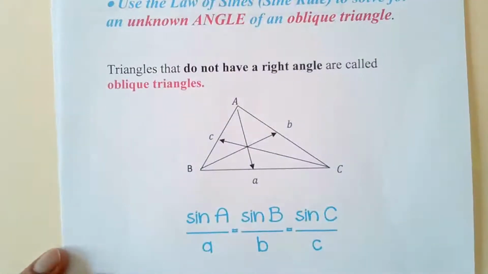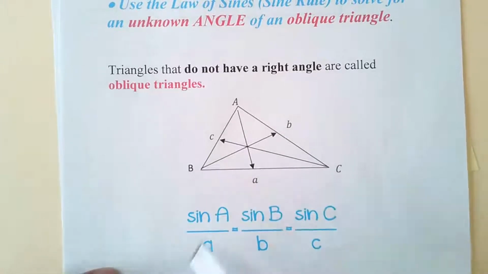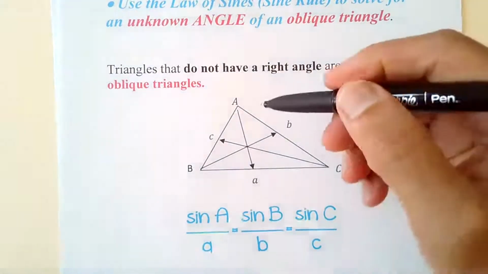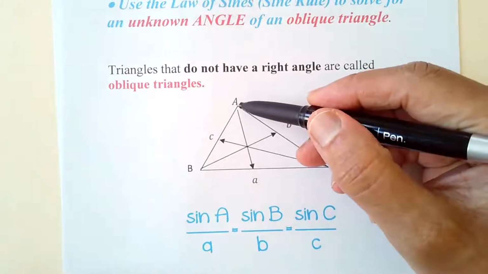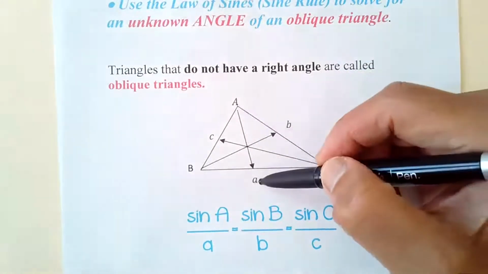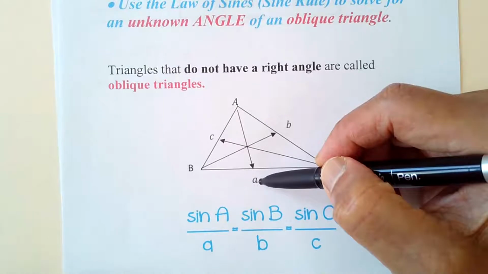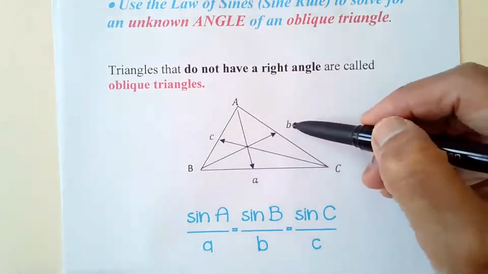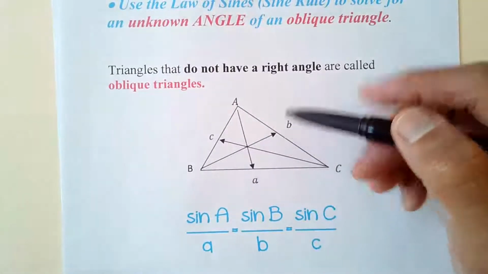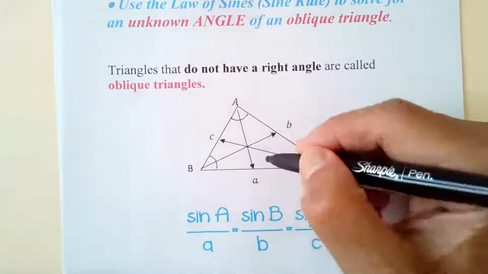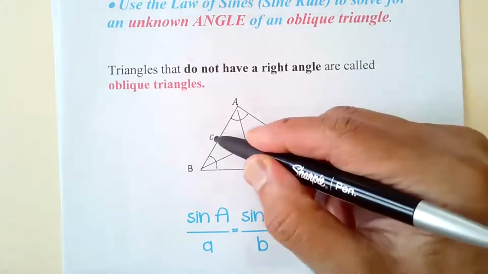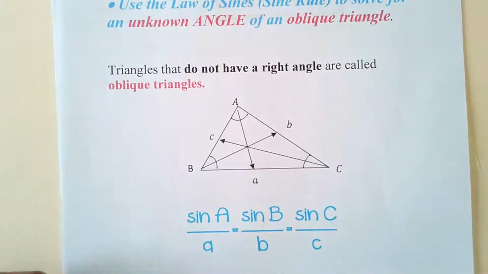To label the sides, the side is always labeled with the lowercase letter of the angle. So here we have angle A, side A. We have angle B, side B, which is opposite the angle. So this is my angle here, and notice the side is written in lowercase letter.